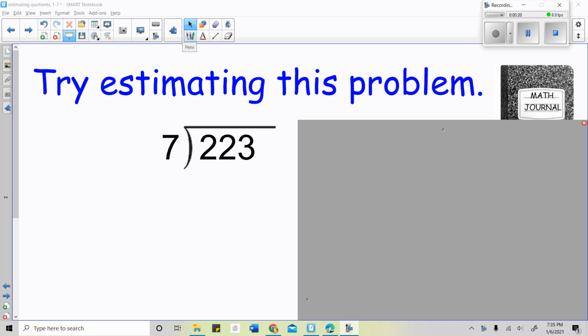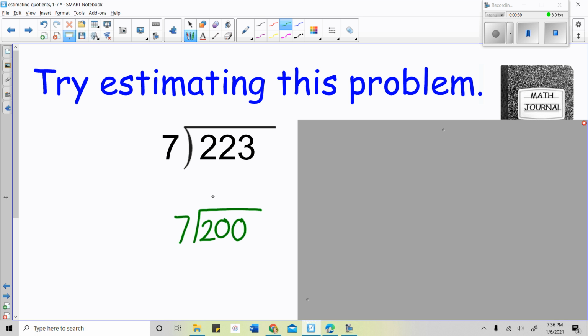Now, so far, all the estimation that we've done has involved rounding before solving the problem. But if I took a problem like this one, 7 divided into 223, and I rounded this number to 200, and I tried dividing it by 7, you will see that as I work this out, it's not going to go in evenly.